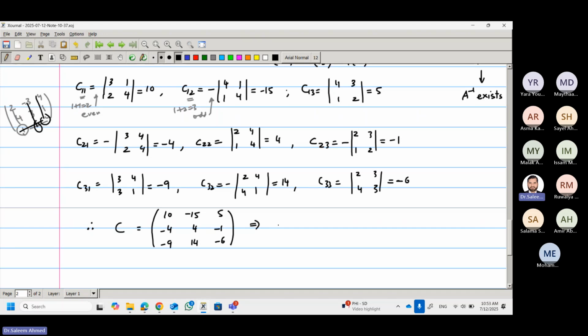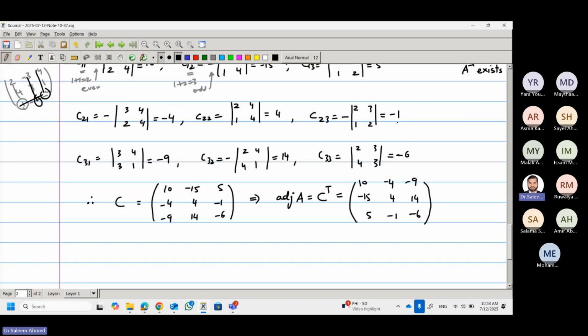Minus 9, 14, minus 6. So from here, I can write the adjoint or adjugate of A as the transpose of the cofactor matrix. So you can write 10, minus 15, 5, minus 4, 4, minus 1, minus 9, 14, minus 6. So that's the adjugate. And then just divide by the determinant.